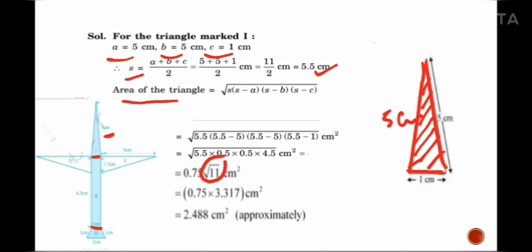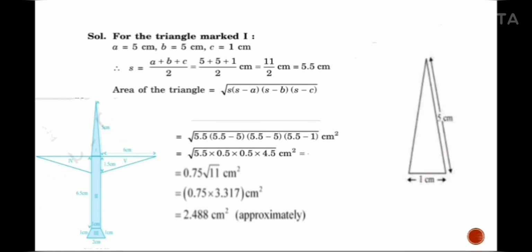So by using Pythagoras theorem, you can find the value of AE. Pythagoras theorem states that AE square plus BE square is equal to AB square. Now put the value of AB and BE. You will get the value of AE as root under 0.75 or 0.866 centimeter.